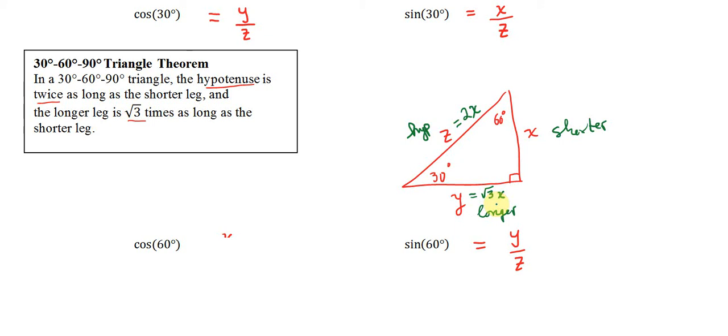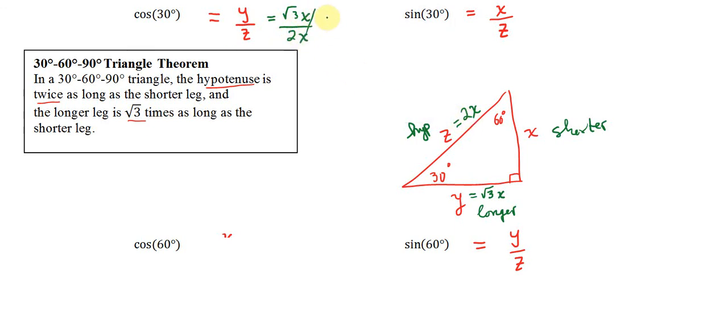Now, let's put all of this together and make some substitutions here. So in our first problem here, the cosine of 30 is equal to y over z. And so we're going to write everything in terms of x because that gives us everything as a single variable, and we can do some simplification much easier. So y is the square root of 3 times x, and z is 2x.